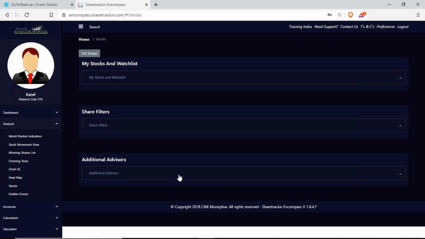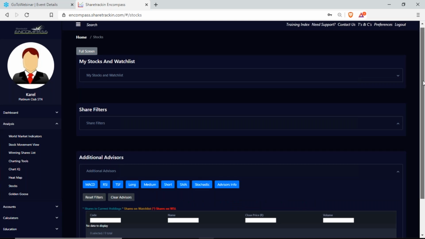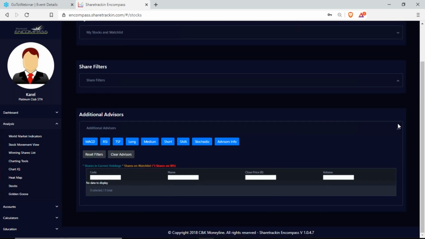If I do click on my additional advisor, it opens up this tab for me right in front of us. First of all, I have my MACD, which is a moving average convergence divergence. You have your RSI, which is a relative strength index.